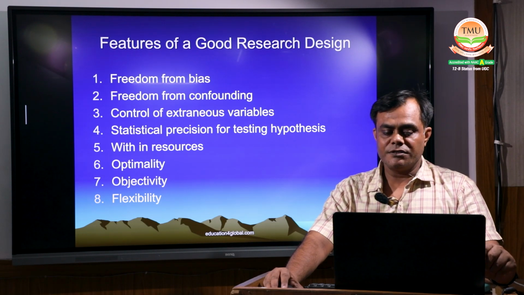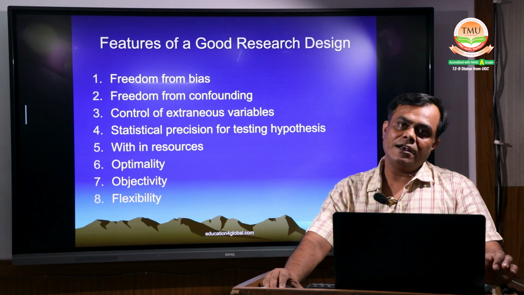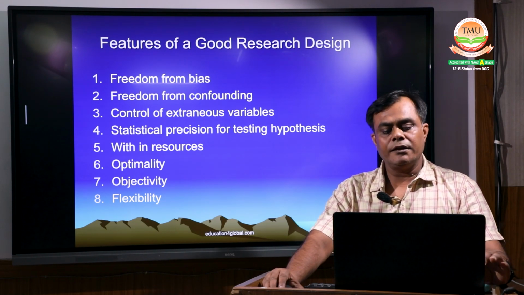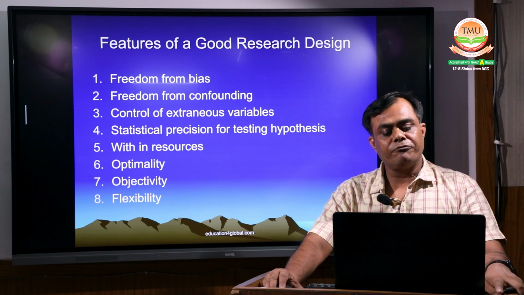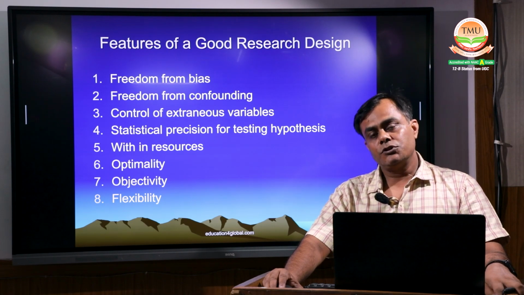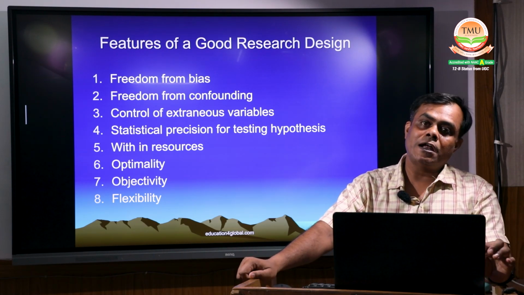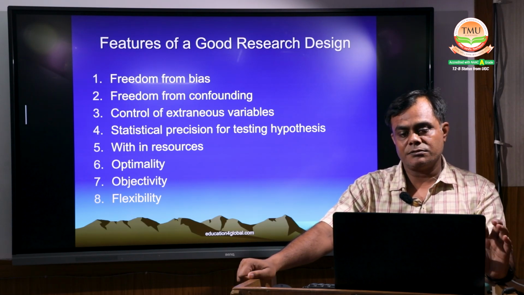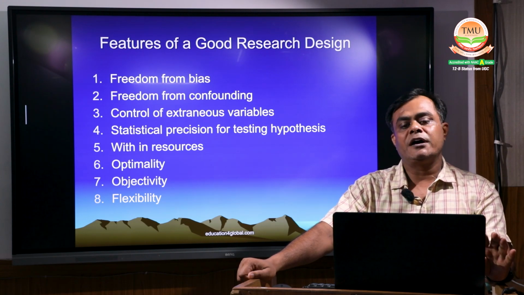A good research design should ensure that the method of data collection and analysis does not cause the data to vary in a systematic way. That is to say, the data should be free from systematic errors. There is no bias in that design.